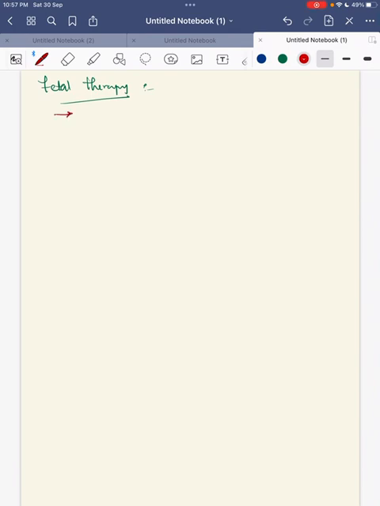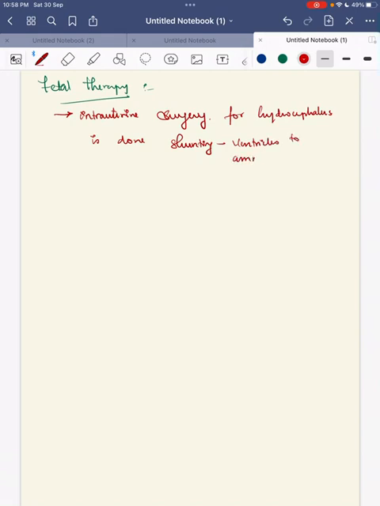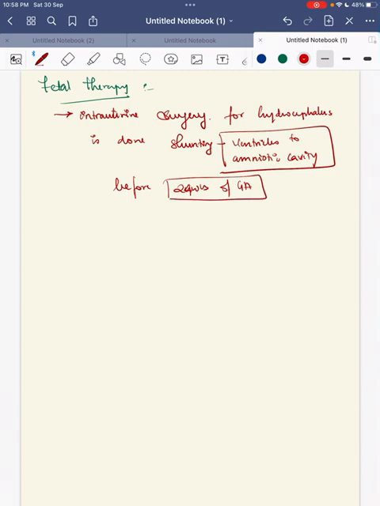So this intrauterine surgery for hydrocephalus is done, that is shunting between the ventricles to the amniotic cavity. This is done before 24 weeks of gestational age.